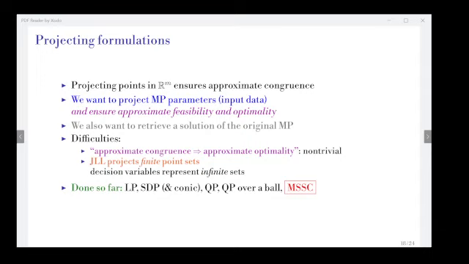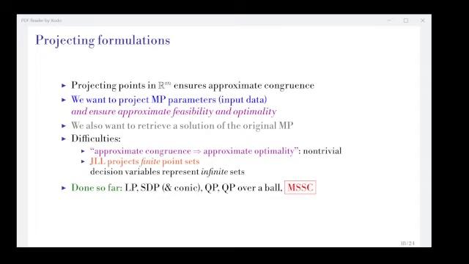Now, projecting points is one thing, but projecting a formulation is quite another. Of course, we project the data in the formulation, so in that sense we are projecting points. But you also want the solutions to be projected consistently with the data.